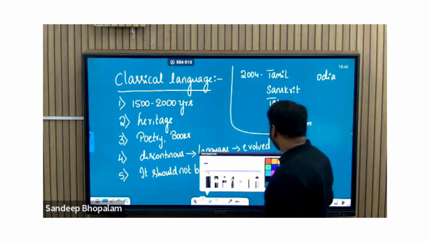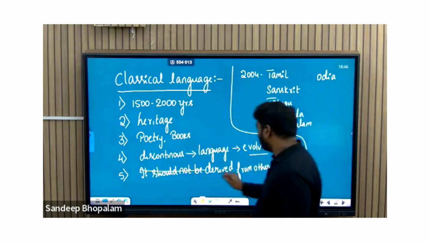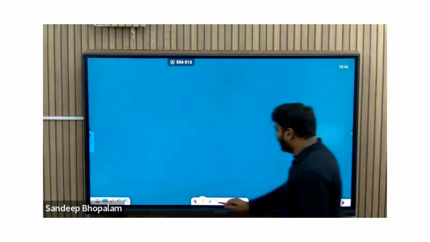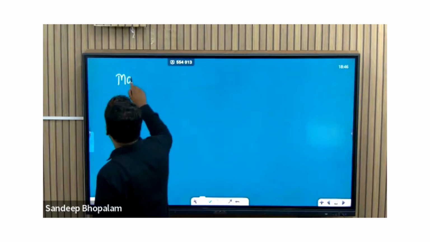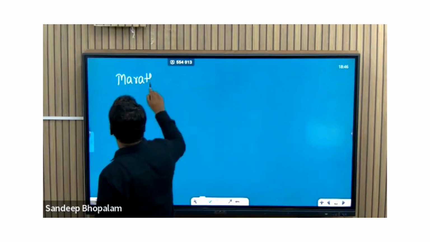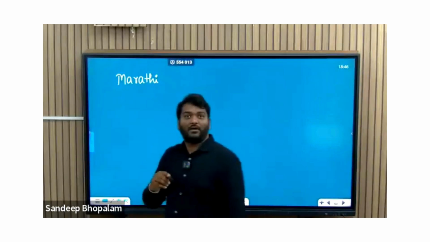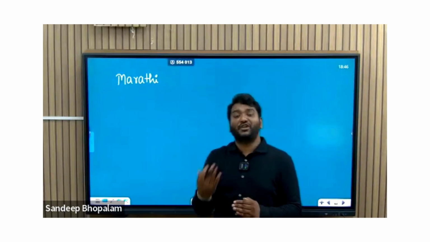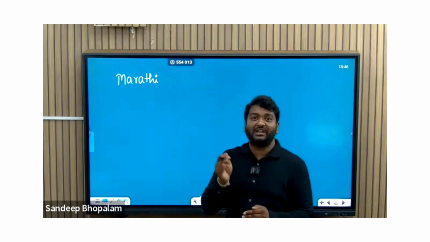Now, recently we modified it because many languages were derived from other languages. For example, you take Marathi. Marathi is said to have originated from Prakrit. So they used to say, as Marathi is from Prakrit, we cannot say it is an original language.